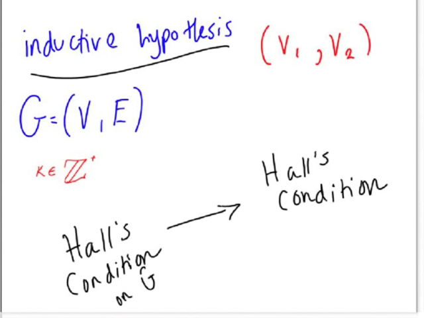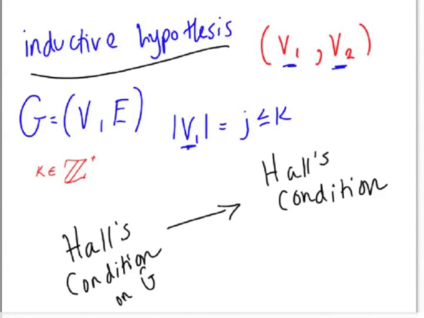And now for some k as an element of the positive integers, let's say the cardinality of the vertex set V1 is equal to j, which is less than or equal to k. And we will then say that there's a complete matching from V1 to V2 whenever Hall's condition is true for all subsets A of V1.